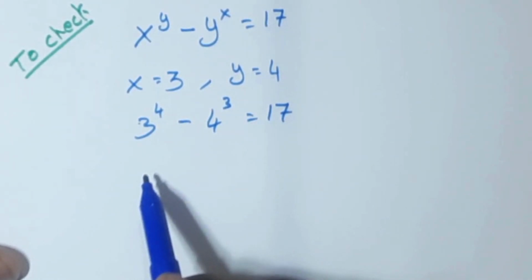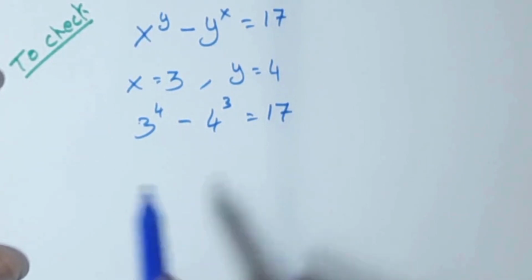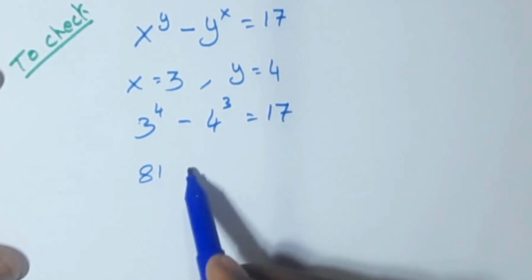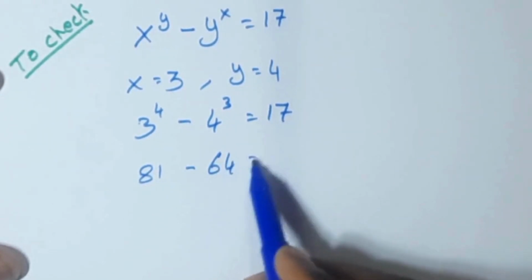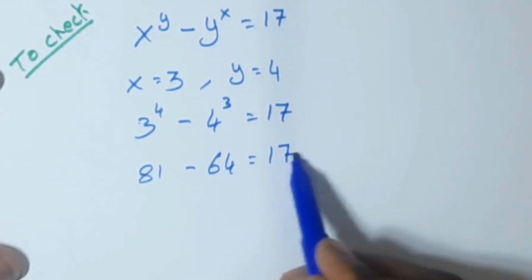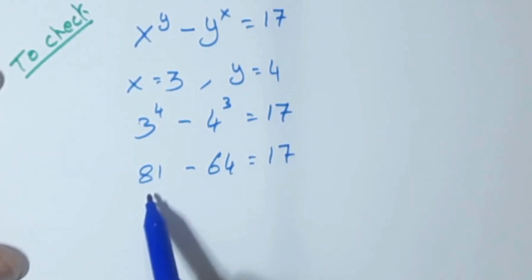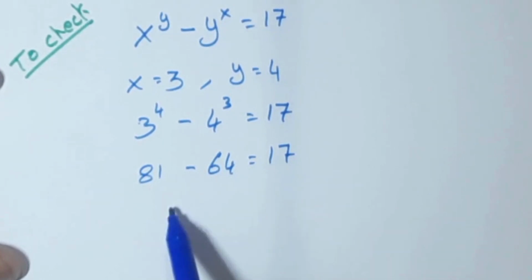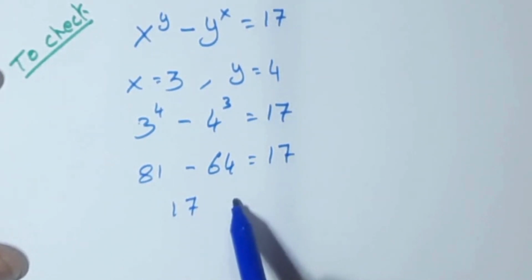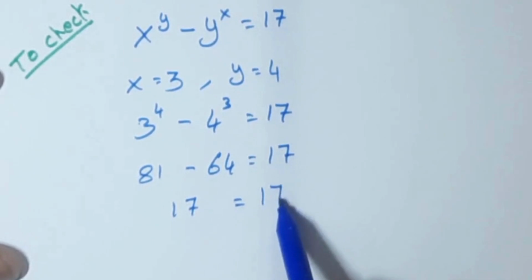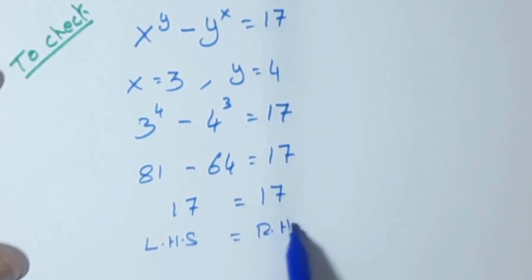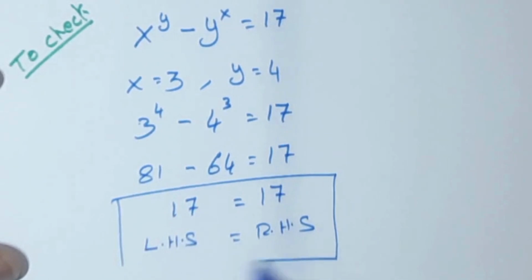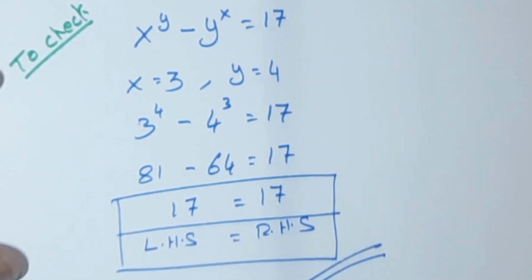This 3 to the power of 4 will be 81 minus 4 to the power of 3 will be 64 equal to 17. So 81 minus 64, 17 equal to 17. So LHS equal to RHS, thus verified, and it is proved that it's the correct answer.